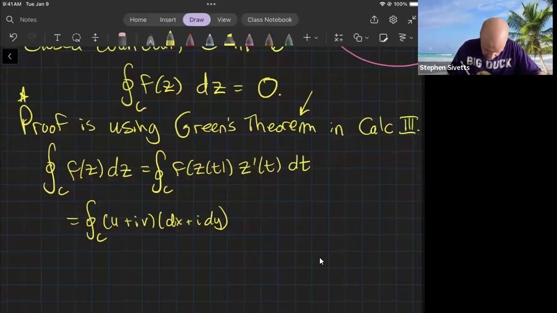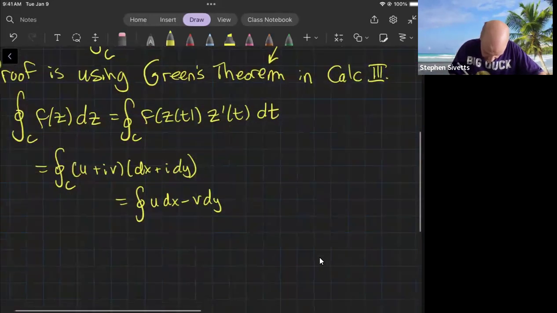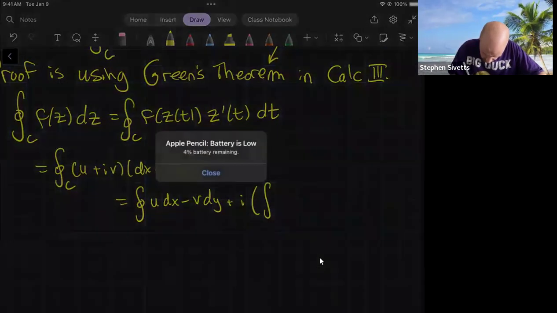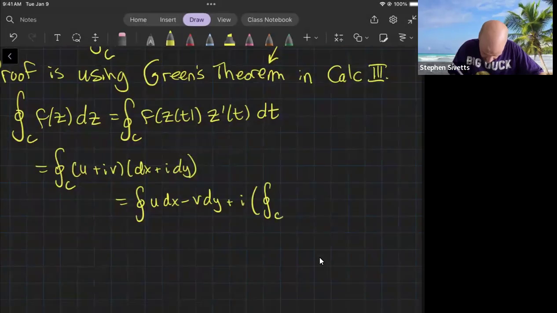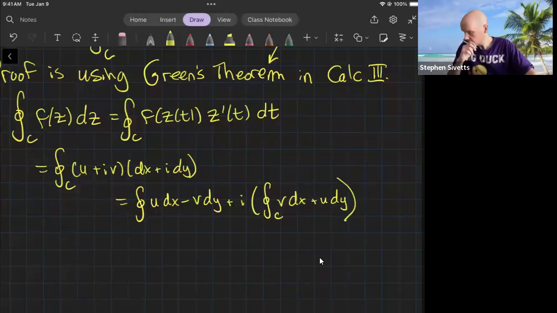In terms of the real and imaginary components, we'll have u dx minus v dy, plus i times the line integral over the closed curve C of v dx plus u dy.